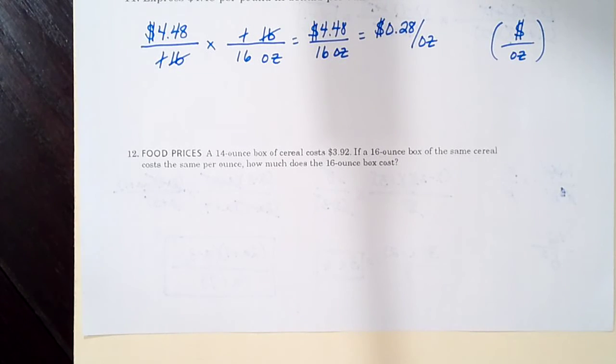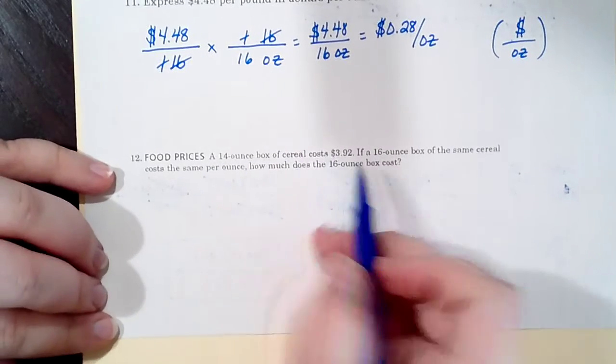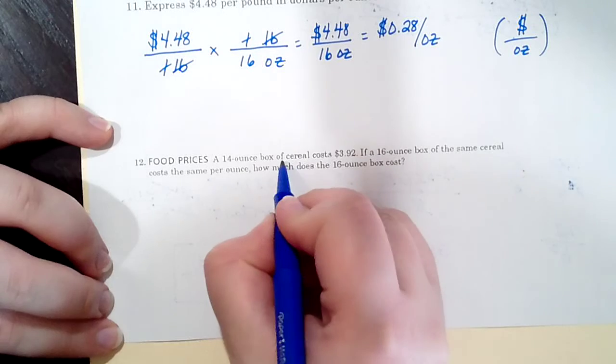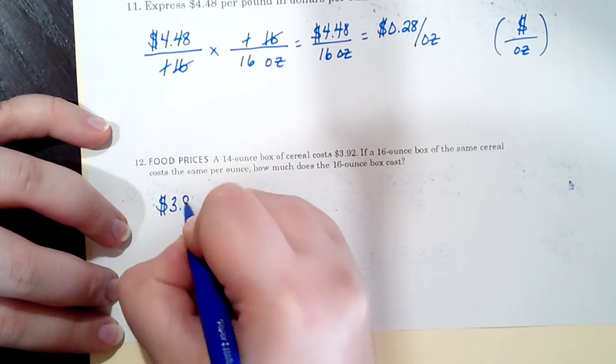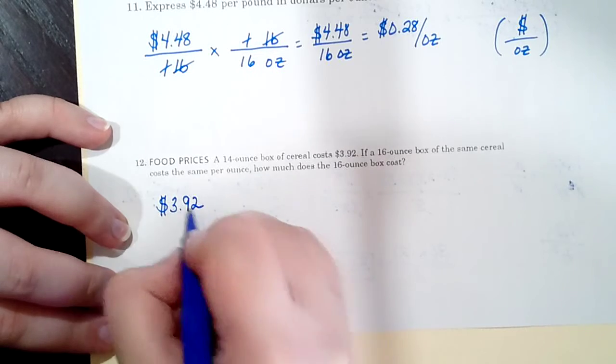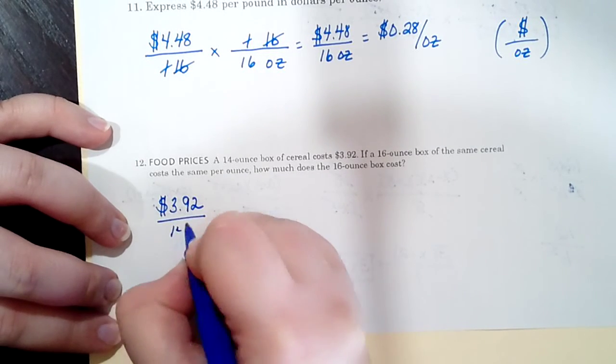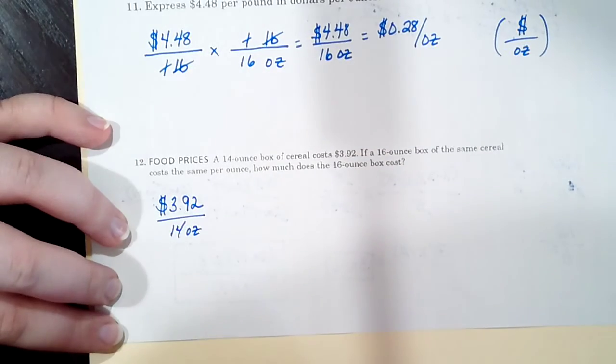We always talk about things in dollars per amount. We don't usually say you get this much amount for this many dollars. This problem, when we're doing dimensional analysis, can be a little tricky. So let's set this one up the same way we set the last one up. We're starting out at $3.92 per 14 ounces.